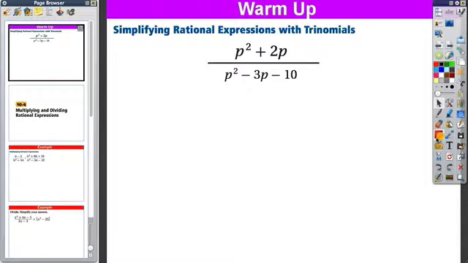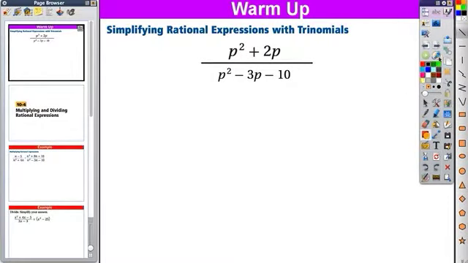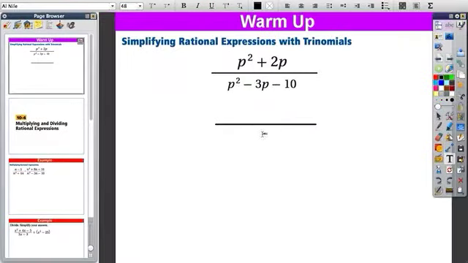Okay. So over here, we're trying to reduce that expression. All we're going to do is just factor the top and factor the bottom. Now, if you look here, we have b squared plus 2b.